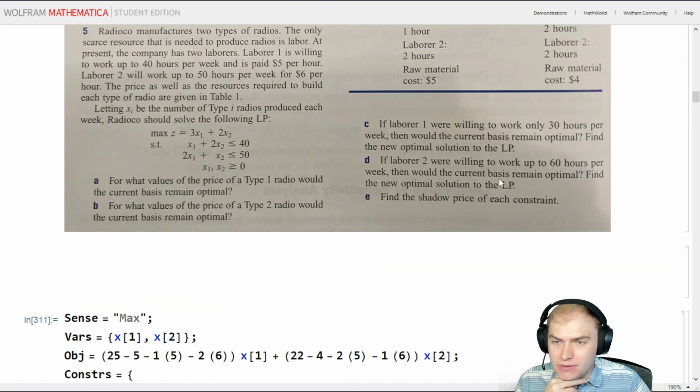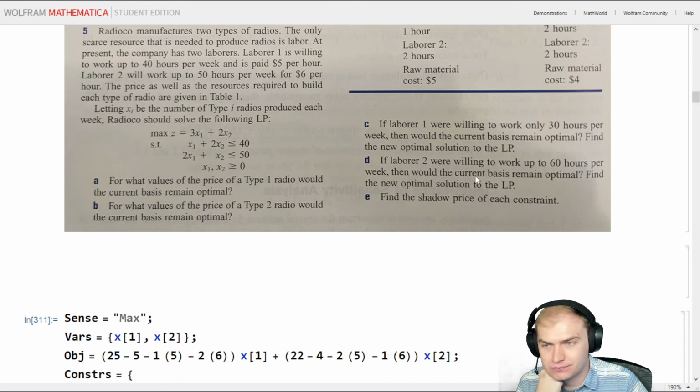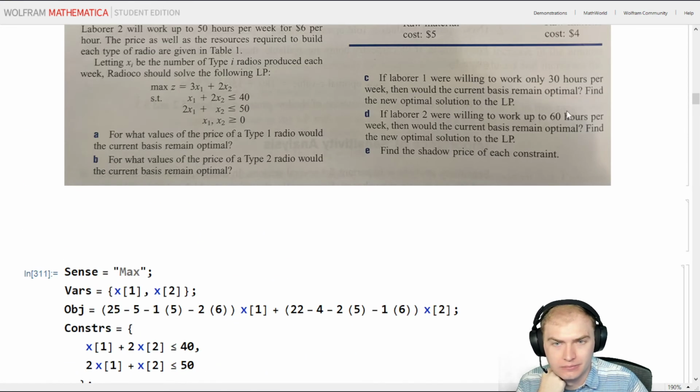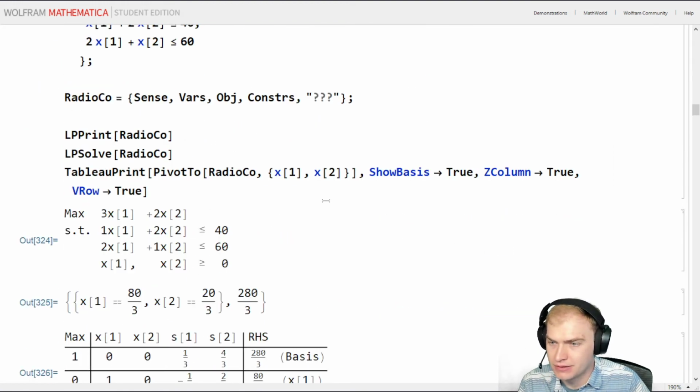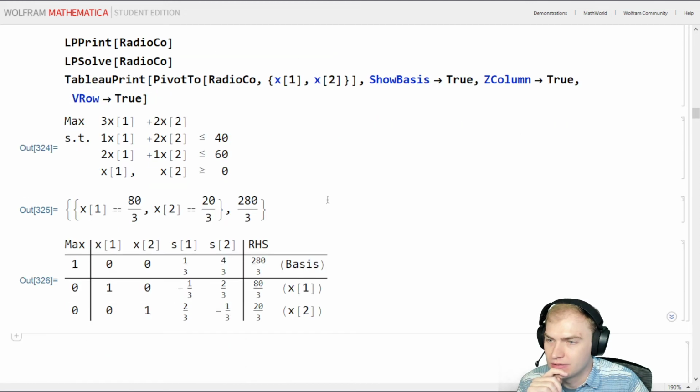We could do the same thing for the second constraint to find its allowable increase or decrease. I'm not going to do that. I'm just going to plug in 60 like the problem asks and see. And that looks like it's still optimal.